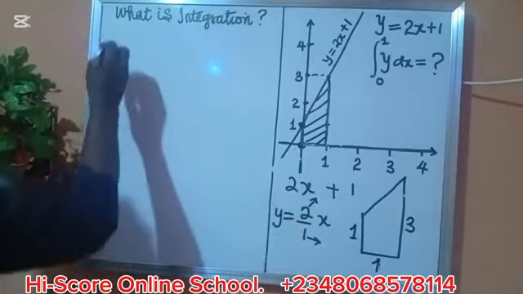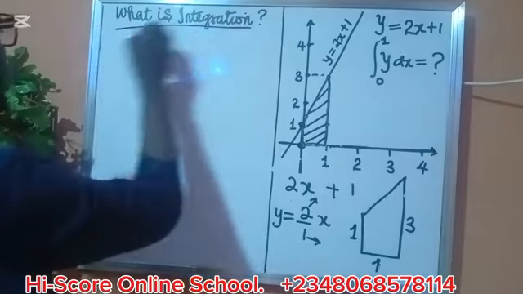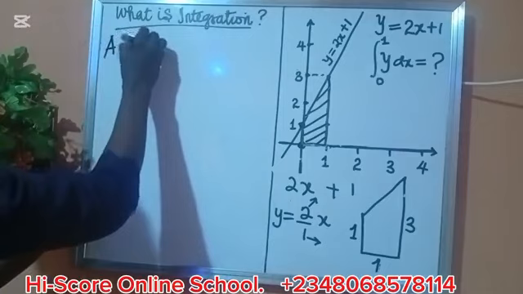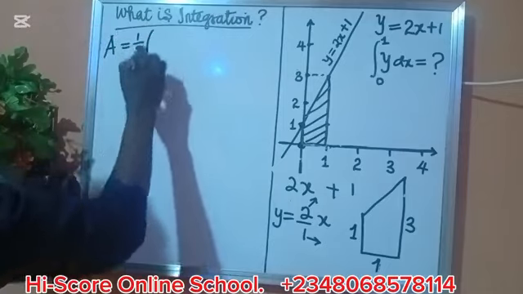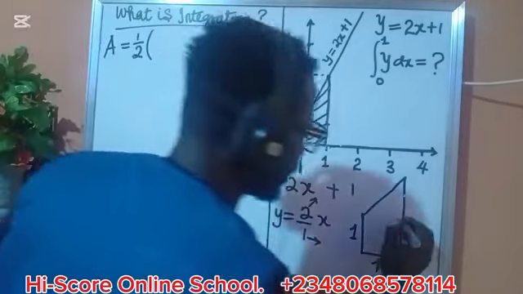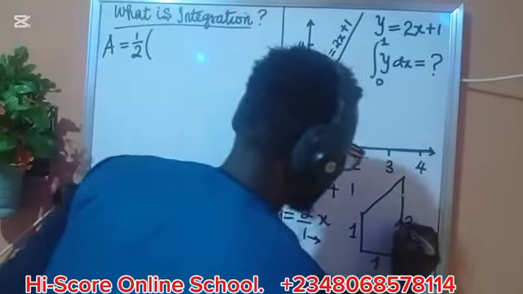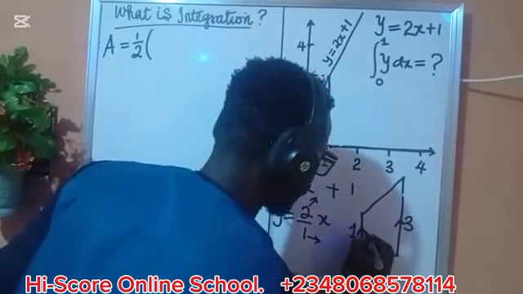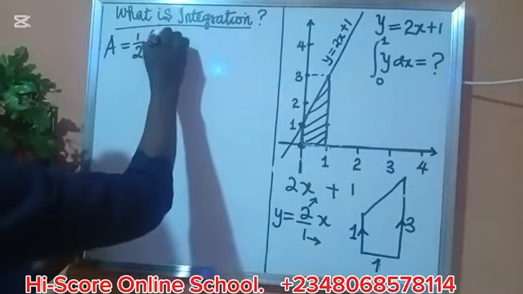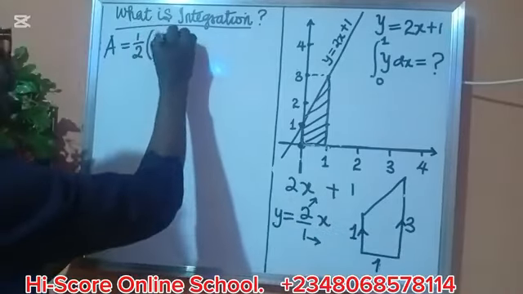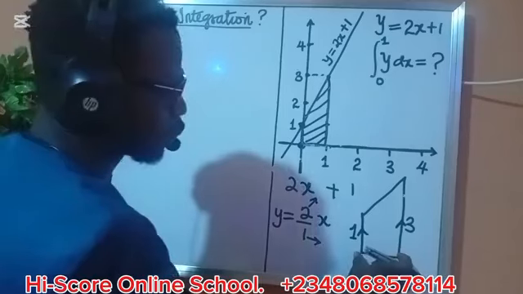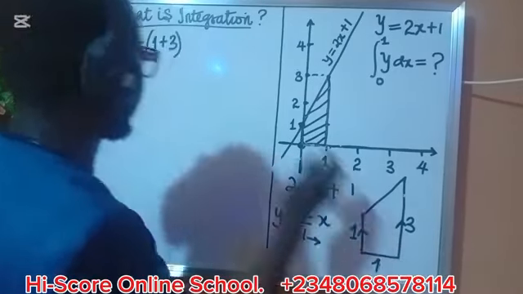Now the area of a trapezium is given as A equal to half into bracket the sum of the parallel sides. This side is parallel to this side, so we are going to add them up: 1 plus 3, multiplied by the height, which is perpendicular to the parallel sides, 1 again.